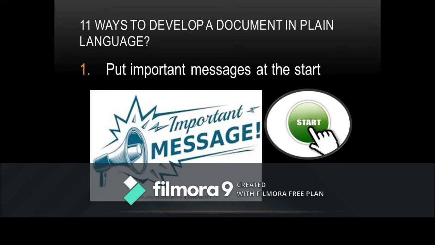Pwede mo siya ilagay sa huli, pero as much as possible, importante talaga yung pinakaunang mensahe natin, and then you just support your first sentence. Okay, first sentence, then second sentence, third sentence would just be like mga supporting statements na lang.